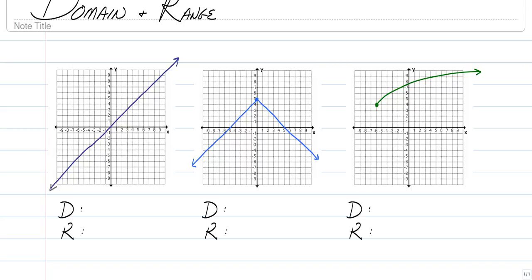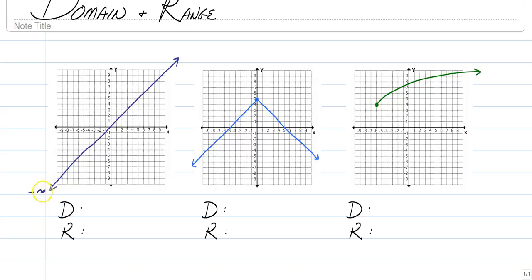So when you list domain and range of a graph, you want to list what are the values of x. And then for range, what are the values of y. And a lot of times it's going to be all real numbers, which means it's an infinite number of answers. So what you do is kind of look at what x is doing. To the left, your graph is going to continue to go forever.